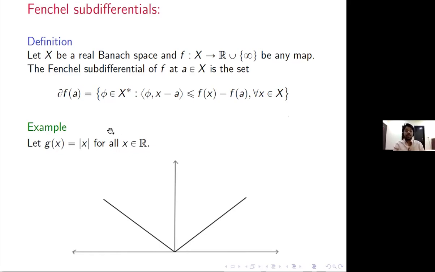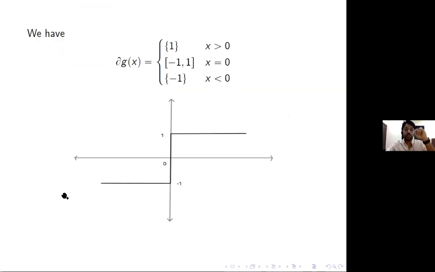To illustrate this subdifferential, we consider the following map that we are all familiar with, the modulus map. We know that the modulus map is differentiable at non-zero points, but it is not differentiable at 0. But we can still make sense of its differential subdifferential, which can be calculated using the definition.